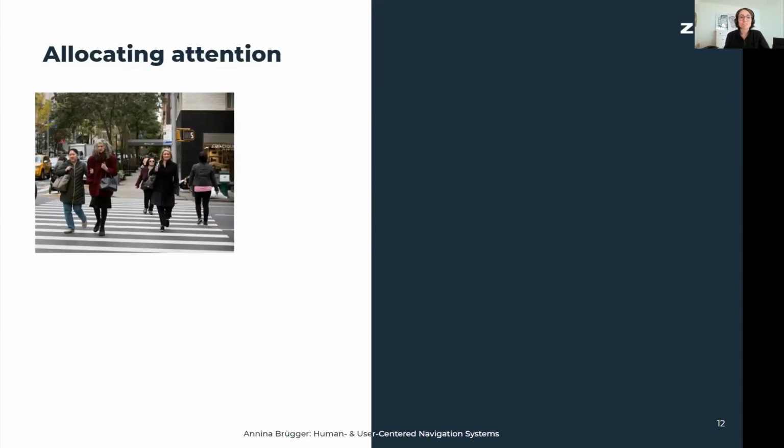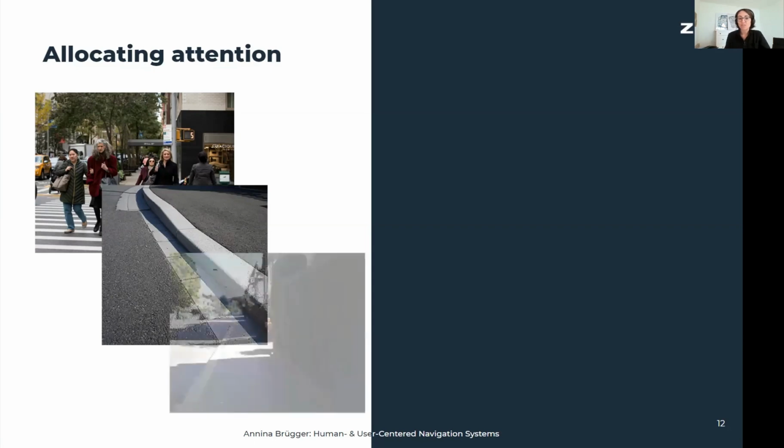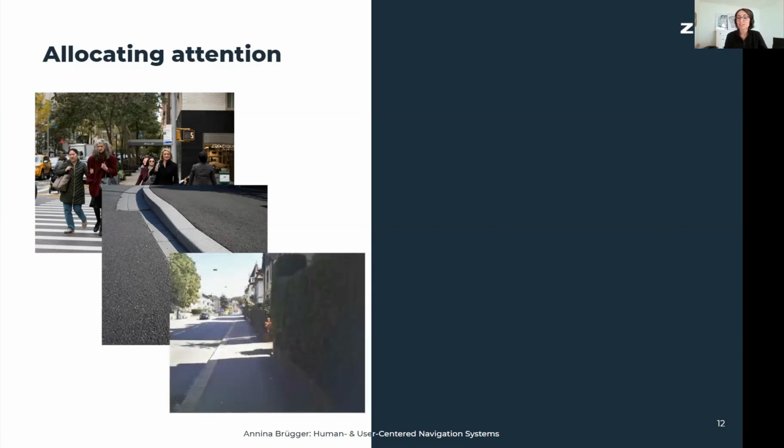And the distraction from the environment does not simply come from the navigation system itself, as some of the studies suggest, but also from other pedestrians coming your way, which, for example, shouldn't happen while you drive a car, from watching your steps while crossing a street, and also from linear features that restrict your field of view, usually to one side quite heavily. So a pedestrian environment is quite different to that of other road users and features different challenges, and also with that influences how a user can allocate attention.